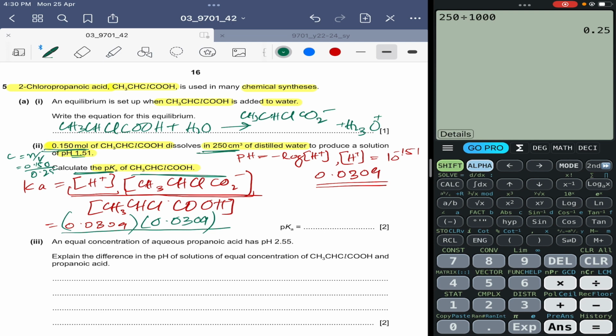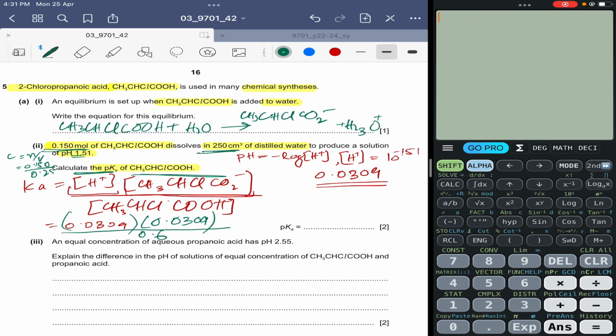So 0.150 divided by 0.25. This is the concentration of unionized acid, which would remain the same until equilibrium because it is only partially ionizing. So the concentration of weak acid would be 0.6, right? And now if we solve with all these values, we get the answer for Ka.